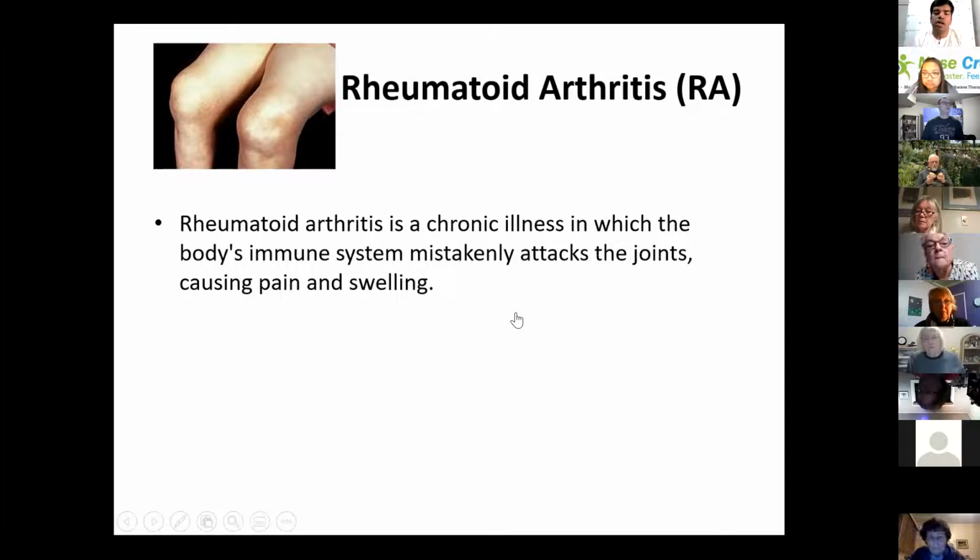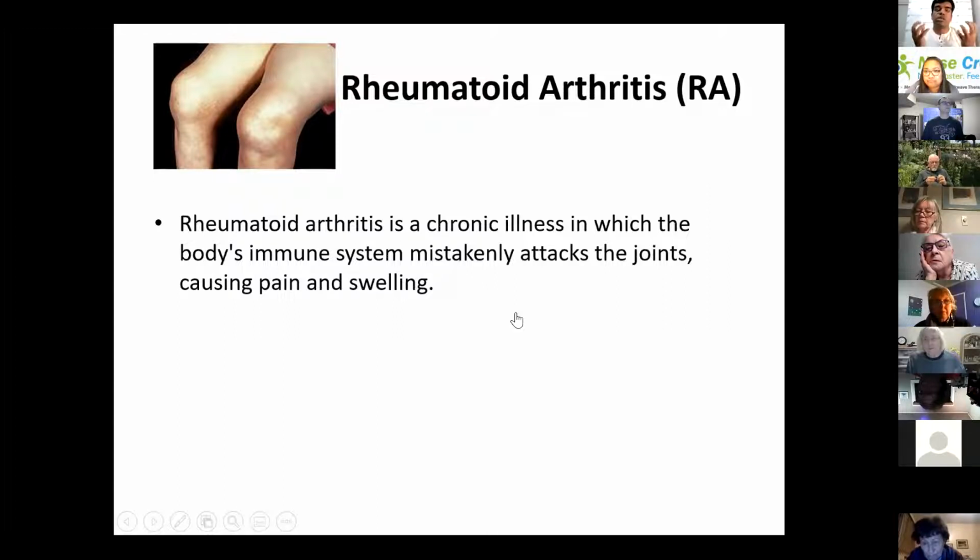In osteoarthritis, there is an irregularity in which joint is attacked. So in osteoarthritis, the joint which we overuse is the joint that gets damaged. Whereas in rheumatoid arthritis, it will happen on both sides of the joint.